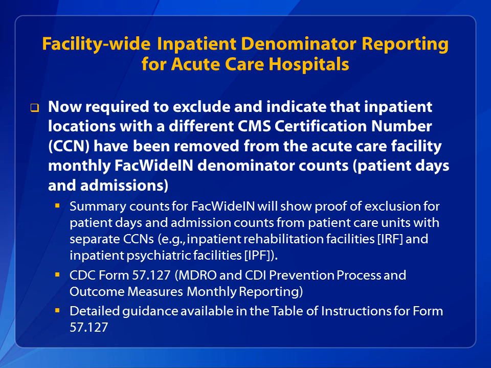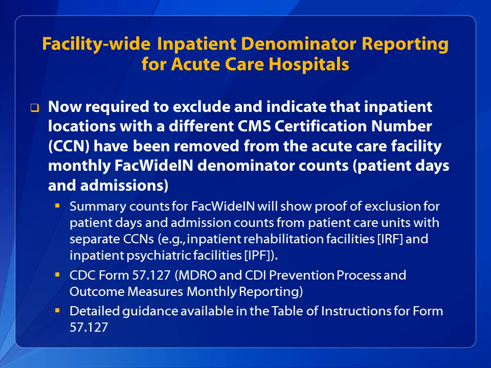Total patient day and admission counts from all patient care locations within the acute care facility will be entered, and then patient days and admission counts from patient care units with separate CMS certification numbers must be removed. This may include CMS Inpatient Rehabilitation Facilities, or IRF, or CMS Inpatient Psychiatric Facilities, or IPF.